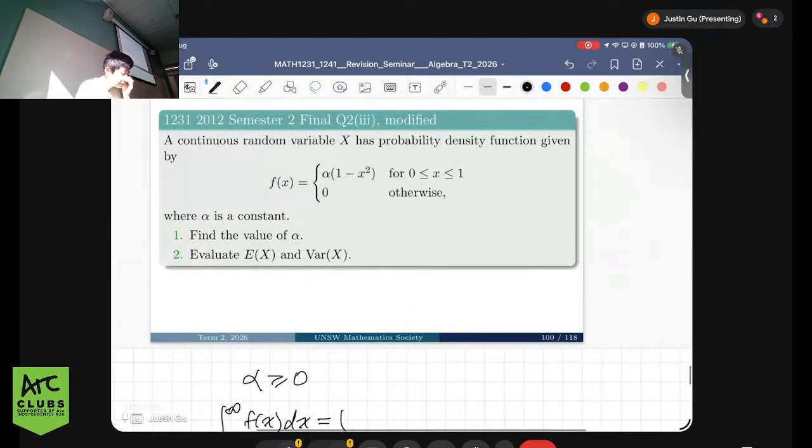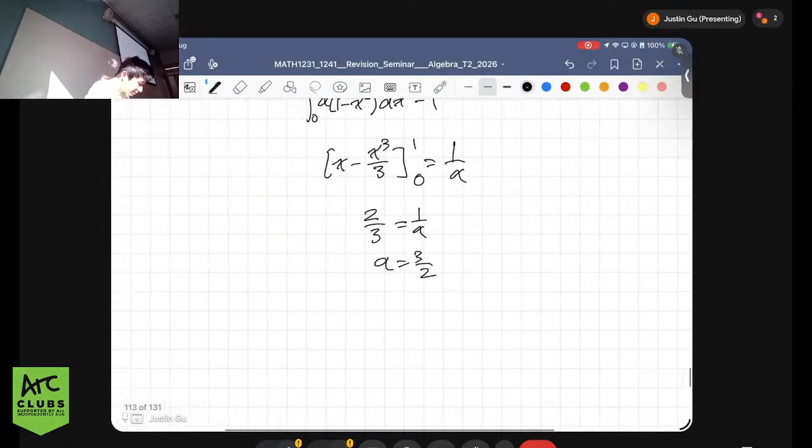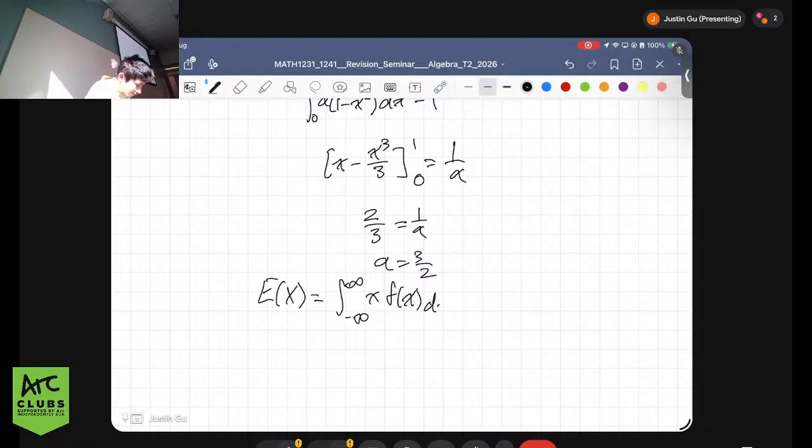Now evaluate the expected value of X and the variance of X. The expected value of X is the integral from negative infinity to infinity of x times f(x). Remember that f(x) is 0 outside of our region, so we can just look between 0 and 1. So we get x times alpha, which is 3 on 2, times (1 minus x squared) dx.